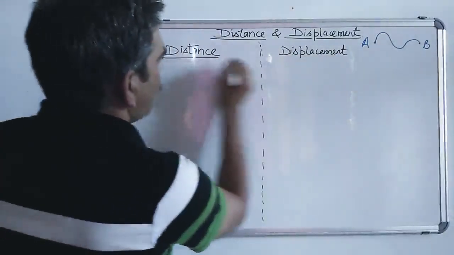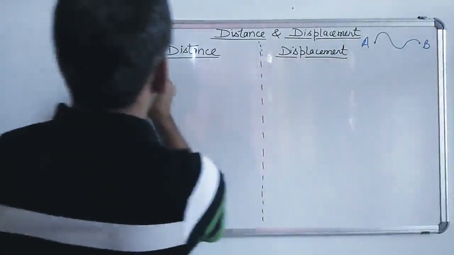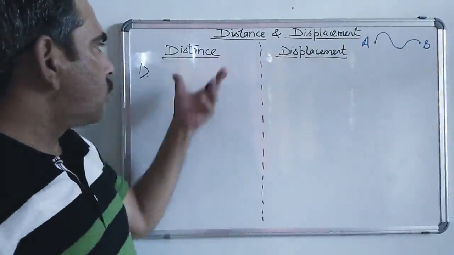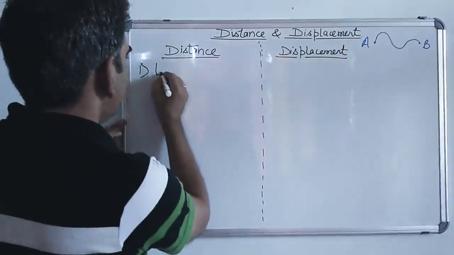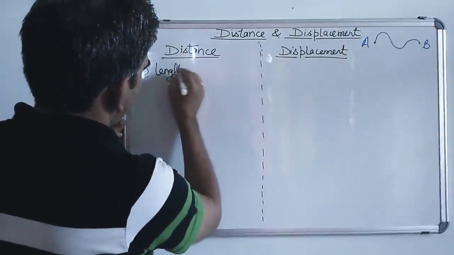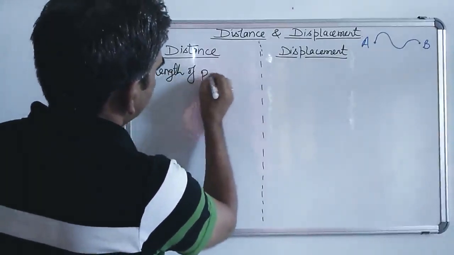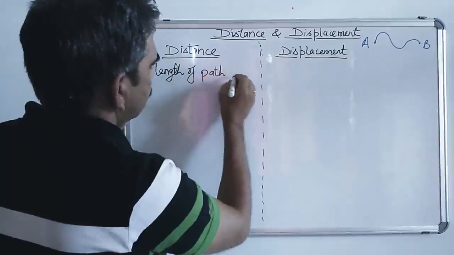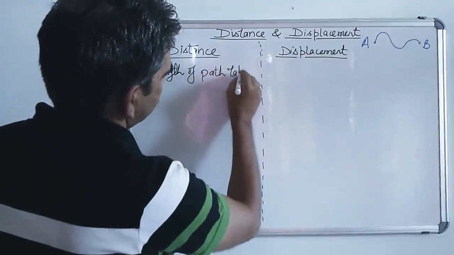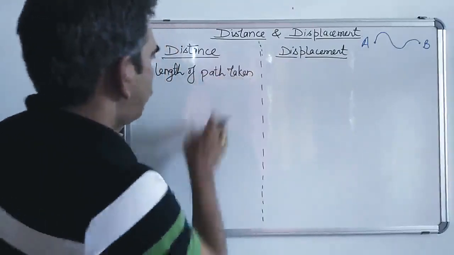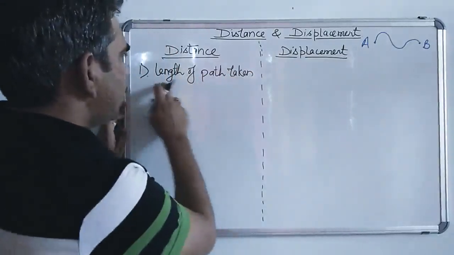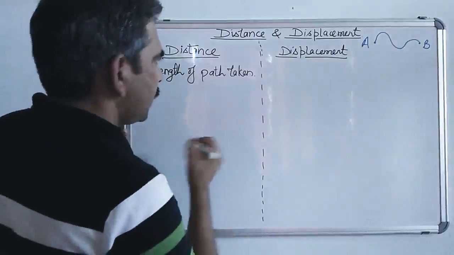The very first point of difference is what they actually are. Distance is the length of the path taken. Path taken means the path by which the journey has been carried out. So it is the length of the path taken during the journey.